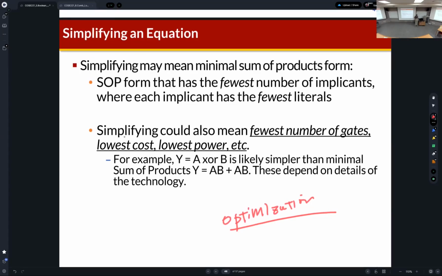So optimizing or optimization. Why do we need to optimize a certain system? Because we optimize a certain system to improve performance, also to reduce cost.